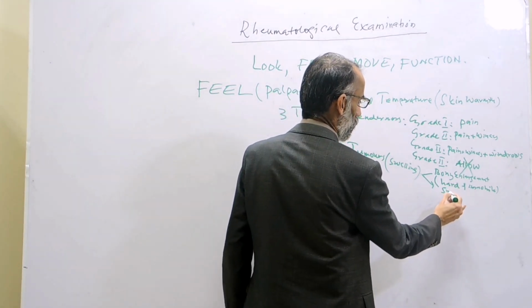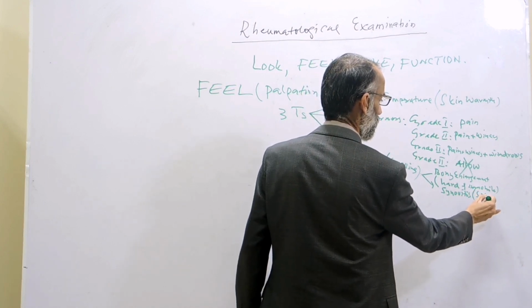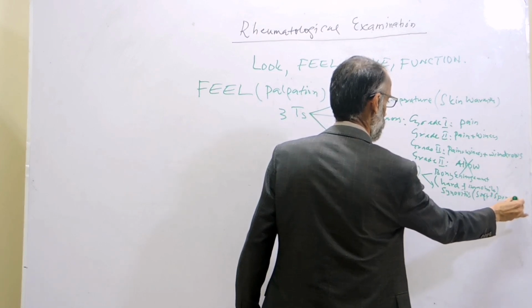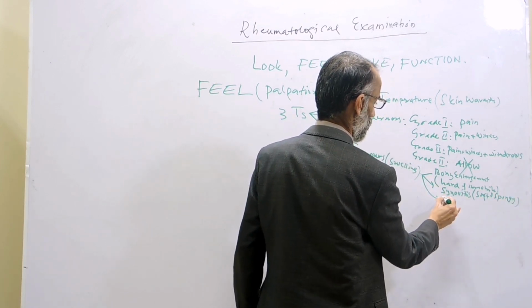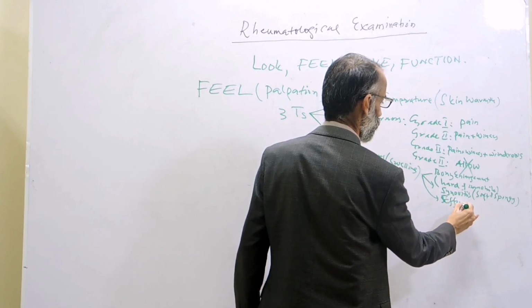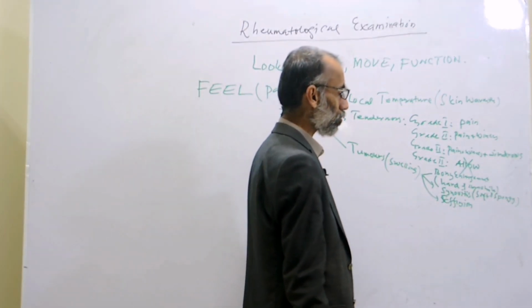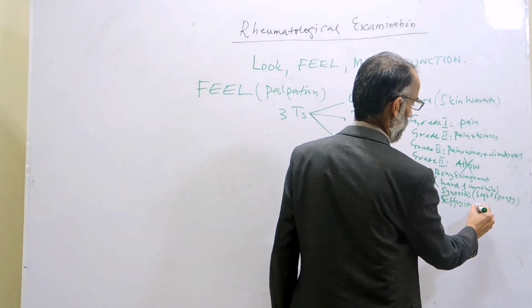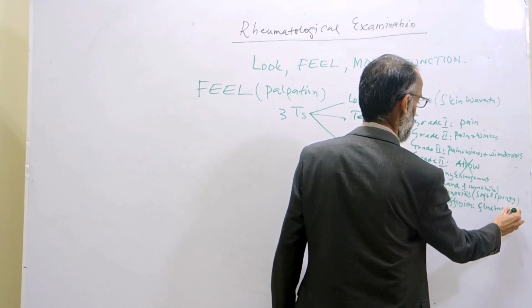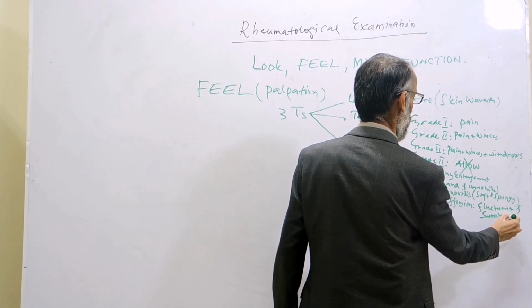Swelling due to synovitis feels soft and spongy. Swelling may be due to effusion into joint space. Swelling due to effusion is fluctuant and has a smooth outline.